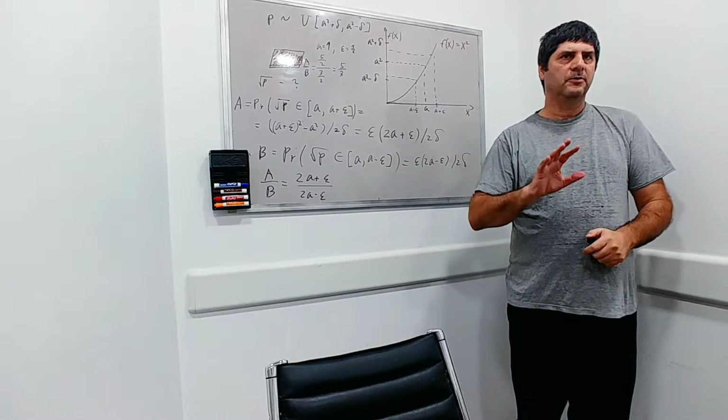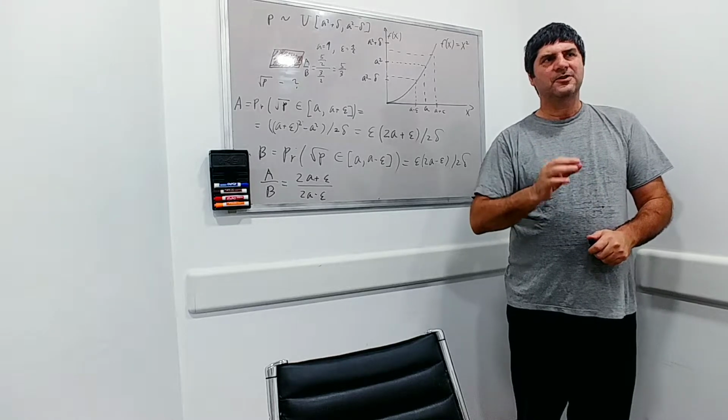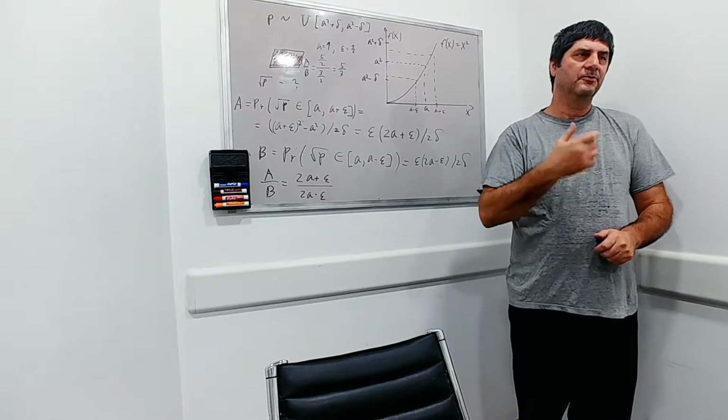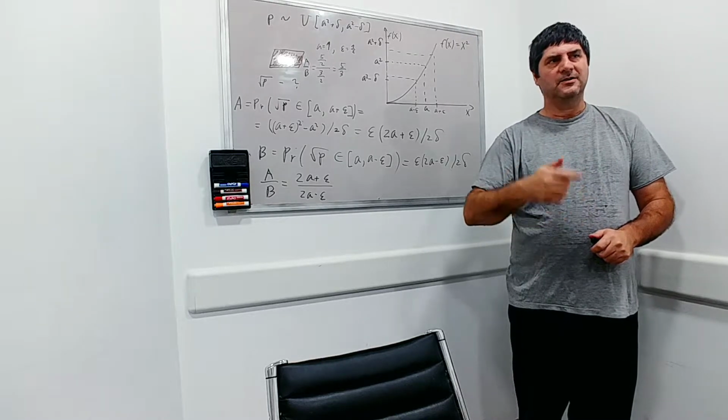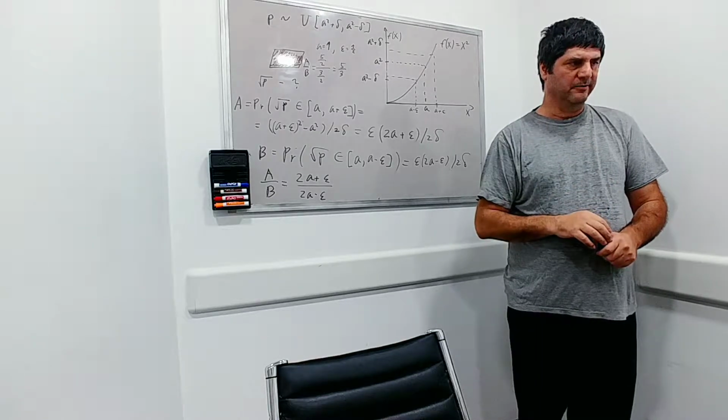We're going to go through a very simple example of random choice, and we'll see how uniform random choice translates into non-uniform random choice as a result of the change in the slope of the curve.